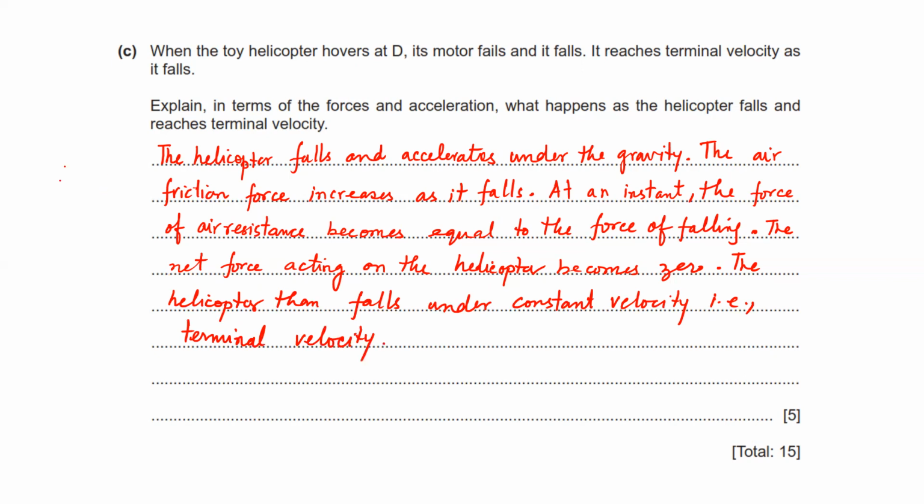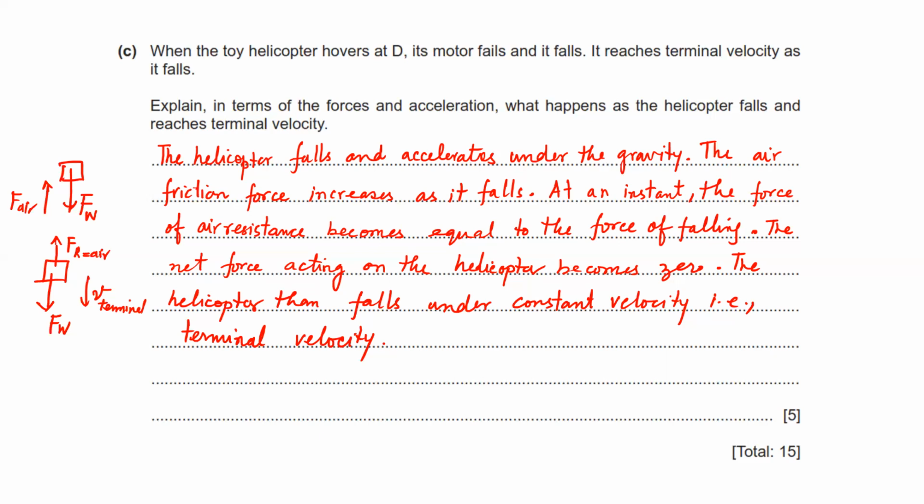So for example, this is your helicopter. It is falling because of its weight. And then there is air resistance that is acting on it. So at a point when the force of resistance because of air becomes equal, at that time it falls with the velocity v terminal. This is how it will happen.